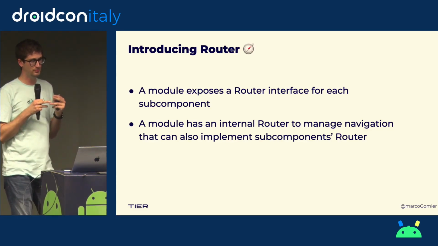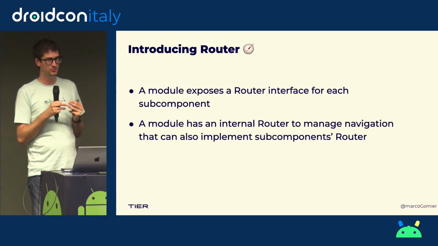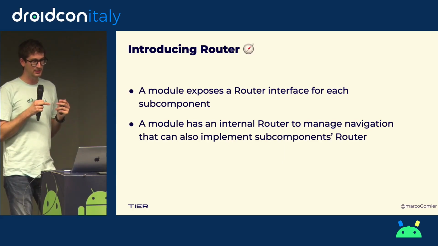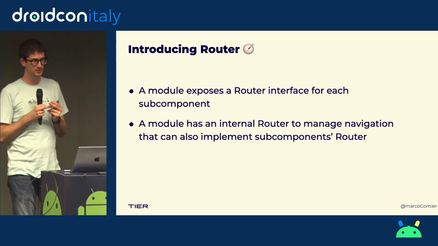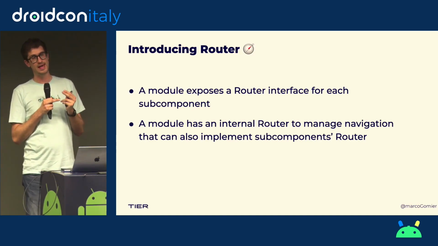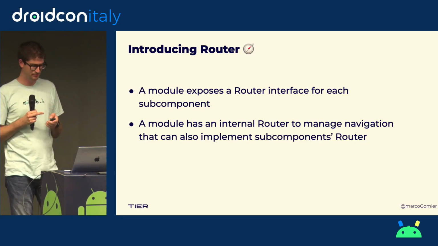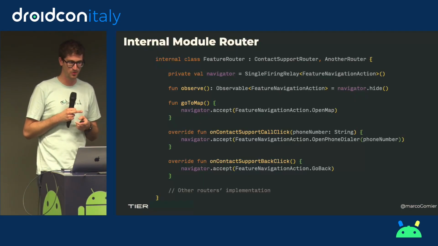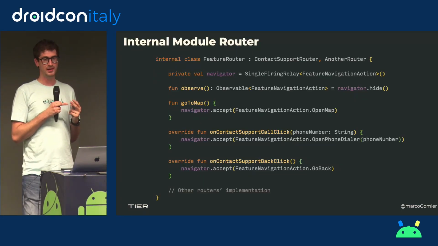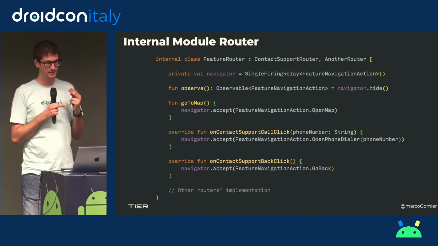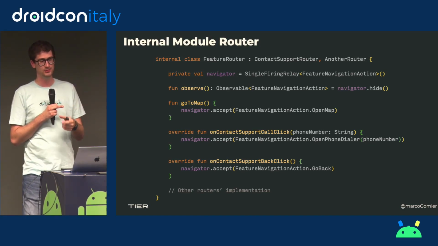Every feature module has an internal router where it handles navigation inside it. And if it wants to also import a subcomponent, it needs to import and implement the subcomponent's router. So let's check some code to make it more clear. For example, we have a specific feature that is navigating to the map.